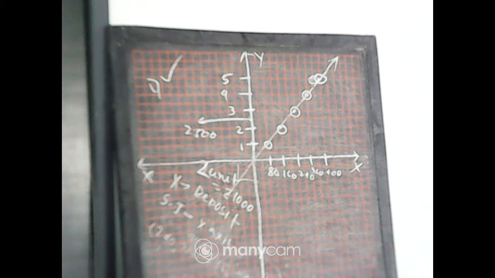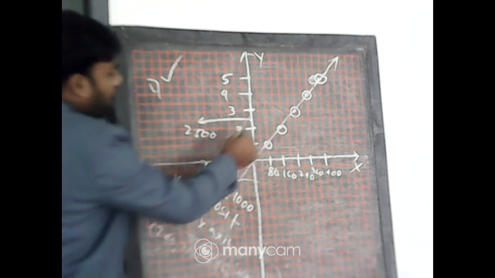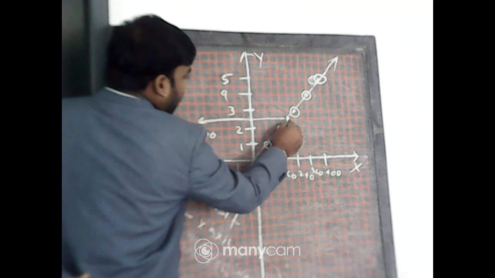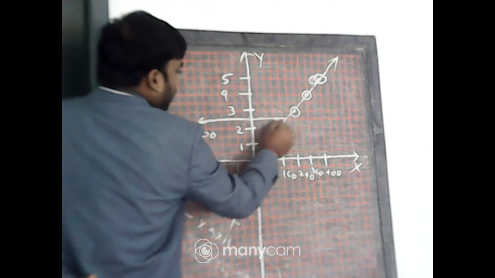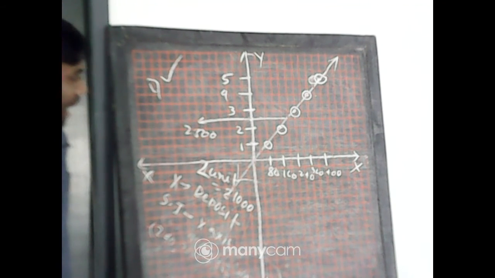Now at 2500, what will be the simple interest? To solve it, the process is to draw a perpendicular from this 2500 to the line. So I have drawn a perpendicular on the line from 2500, denoting that 2500 on the line.